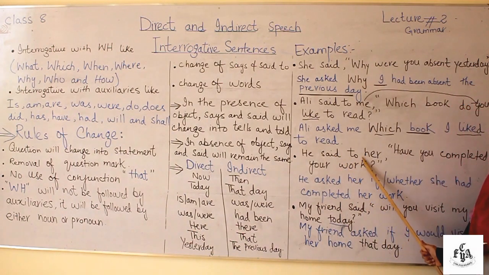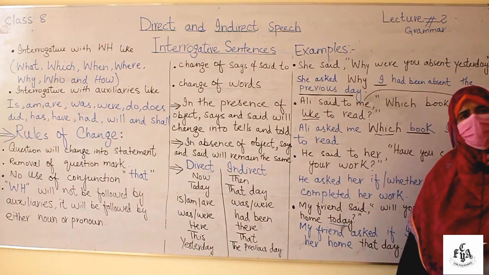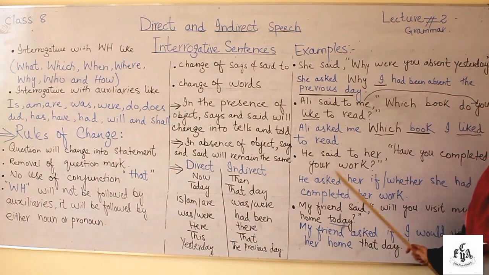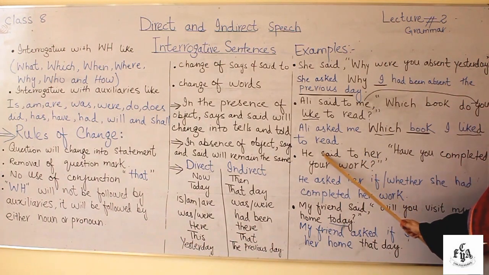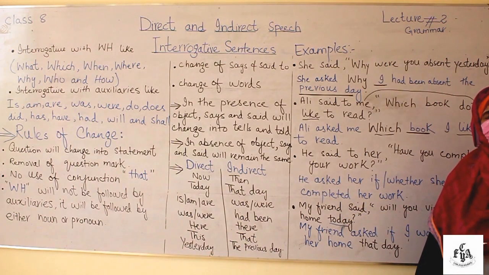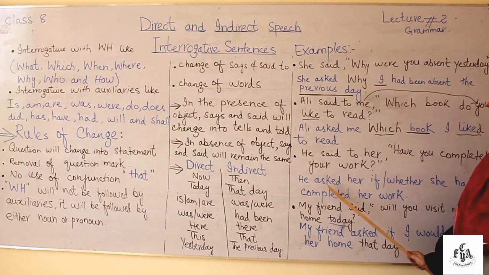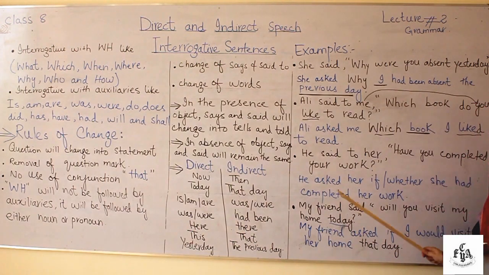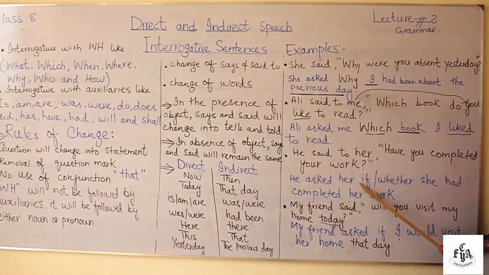Present perfect tense would change into past perfect tense. Here, she said to me will change into she asked me, because it is interrogation. She asked him, them, whatever the object would be, you have to write in the same way. She said to her, he asked her.